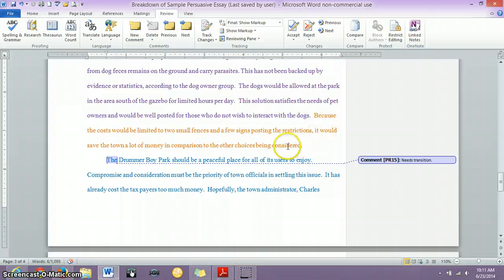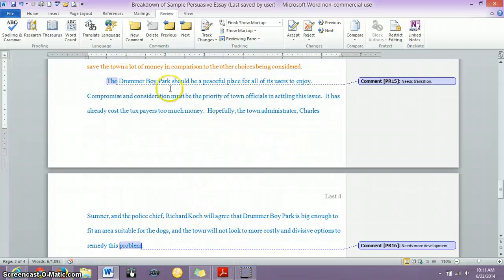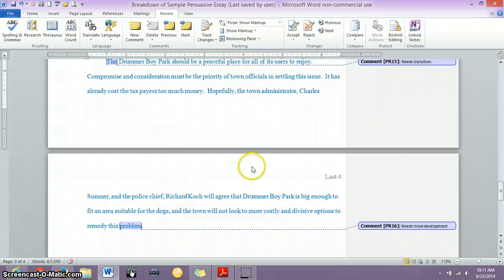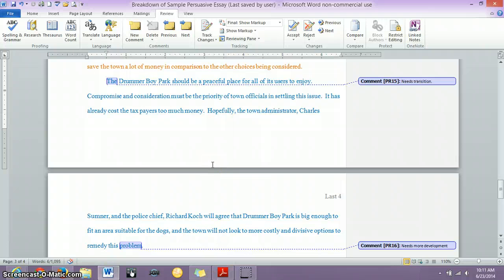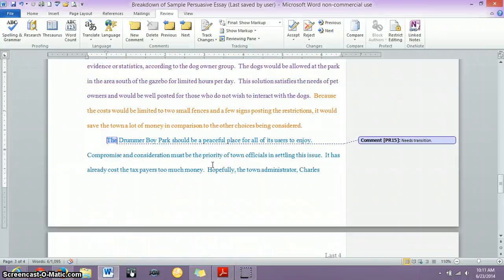And then let's see here. So here's the conclusion. It needs a transition to signal that it's a conclusion. I also think that this conclusion could use a little bit of development. So give it a read, see what you think about it, see how it could end more powerfully and what information the student could have added to it.